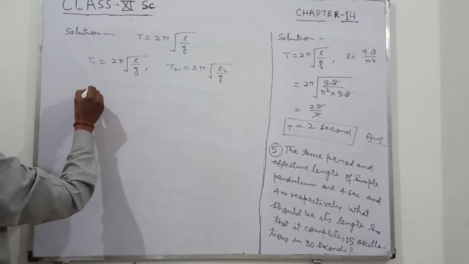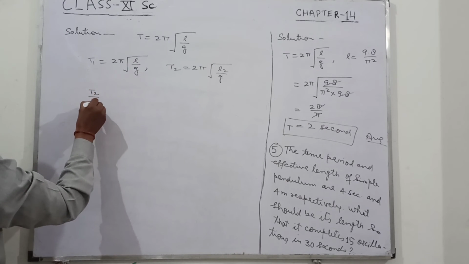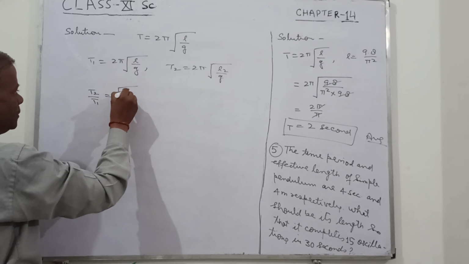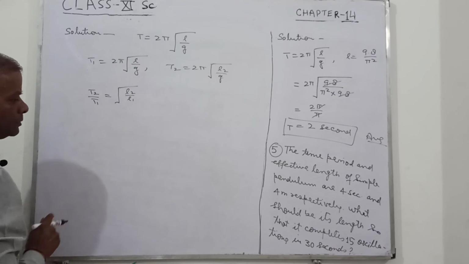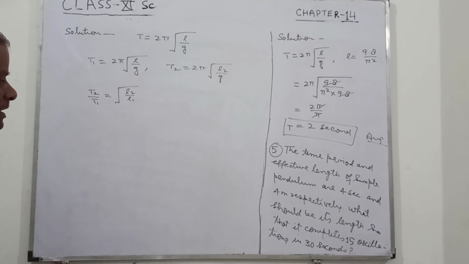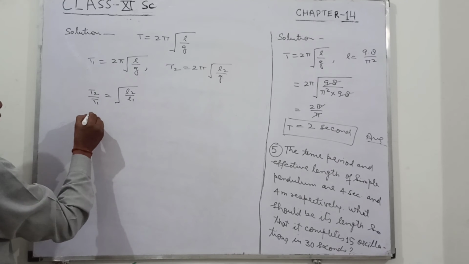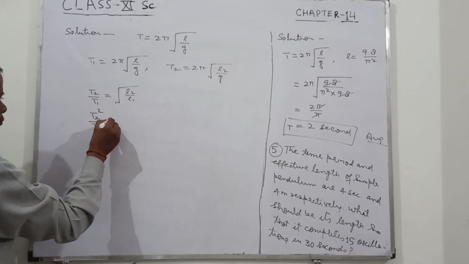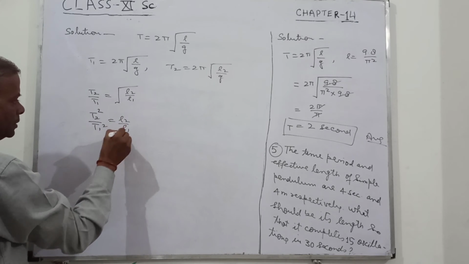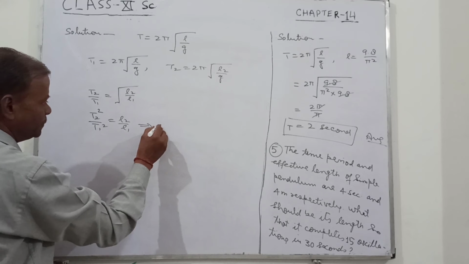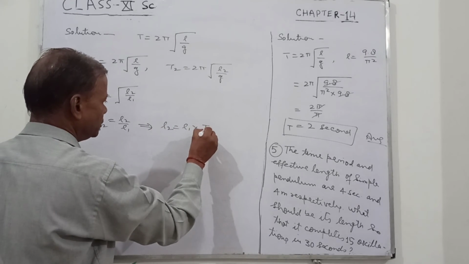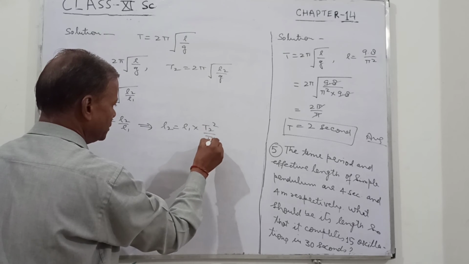So now you find that T2 upon T1 equal to square root of L2 upon L1. Now you have to find the length. So this is T2 square upon T1 square equal to L2 upon L1. Or this will give you L2 equal to L1 into T2 square upon T1 square.